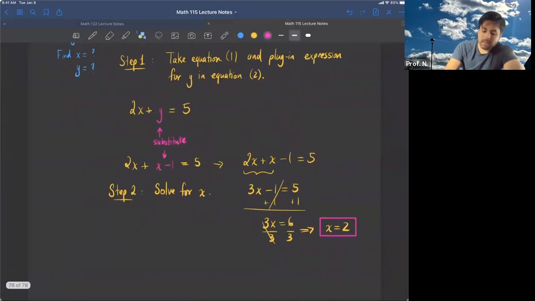Now I need to find the y value. So step 3.